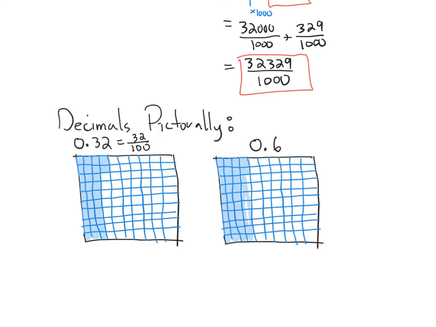There is 4/10, 5/10, and 6/10. So we didn't even need to break it up horizontally this way.